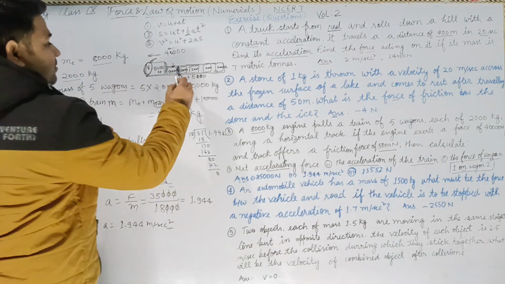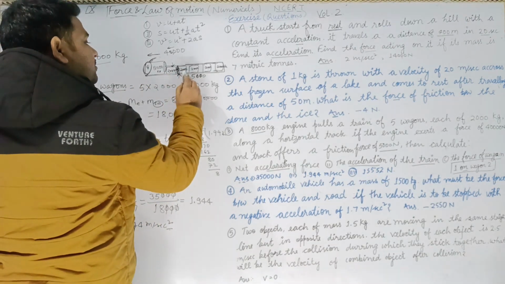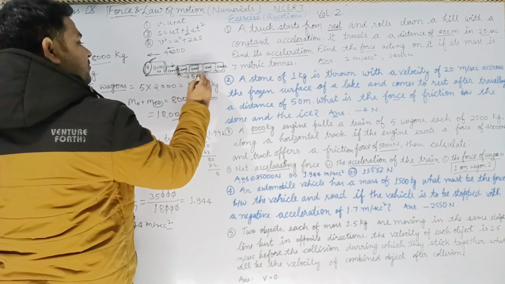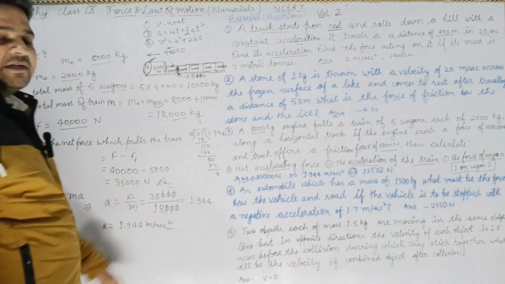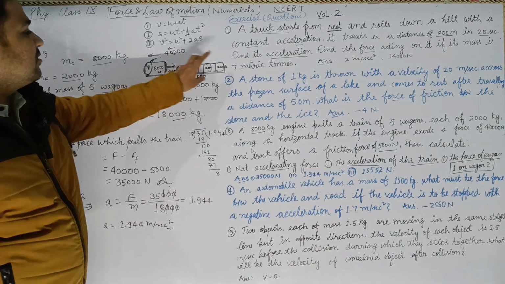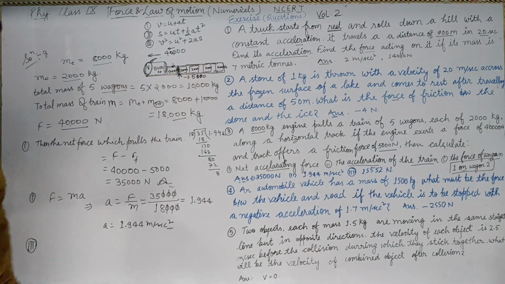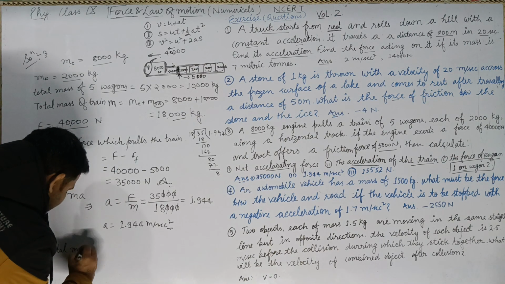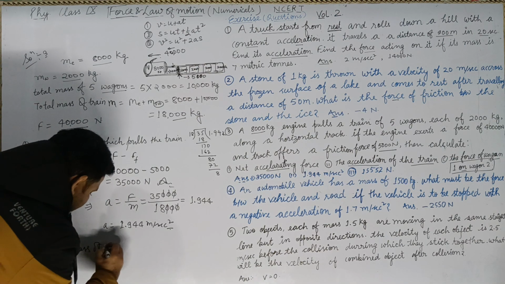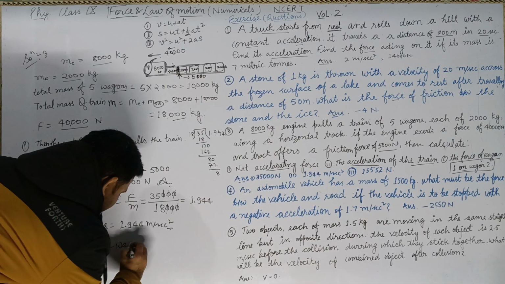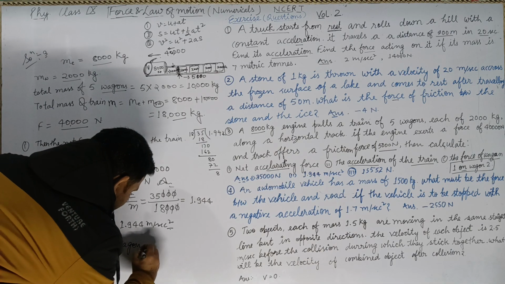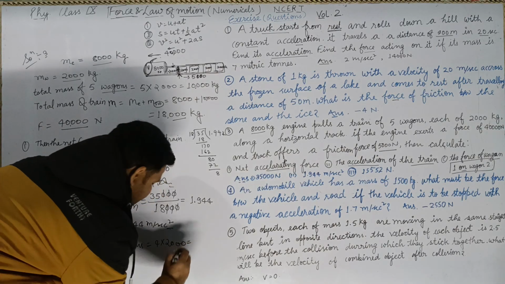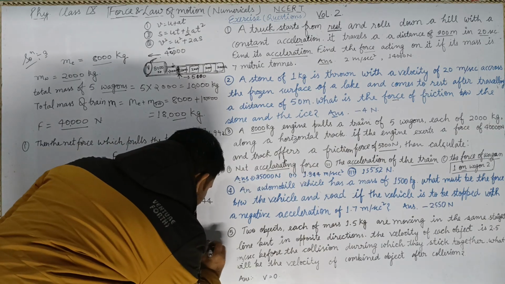Because in this series, the second wagon, third, fourth and fifth wagons are also connected. So the total mass of these 4 wagons is equal to 4 into 2000, which is 8000 kilogram.